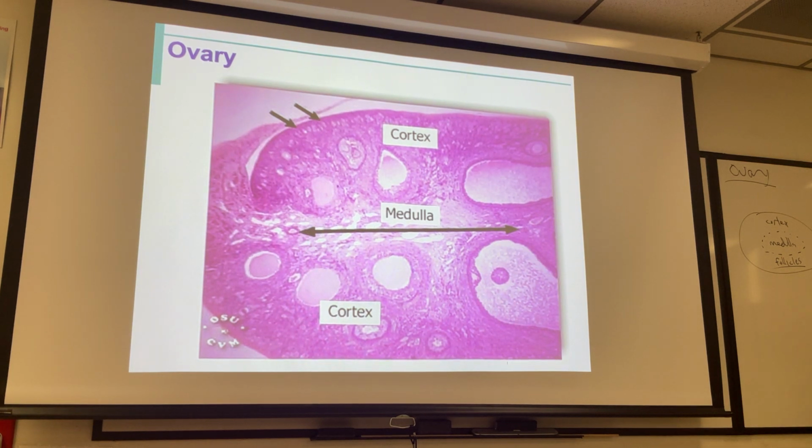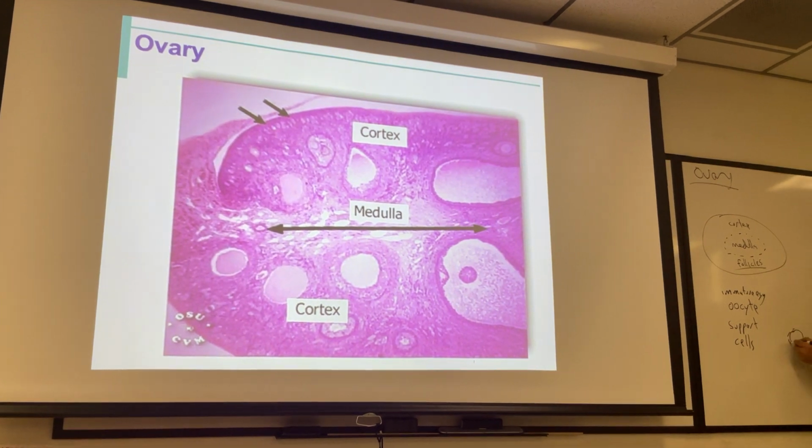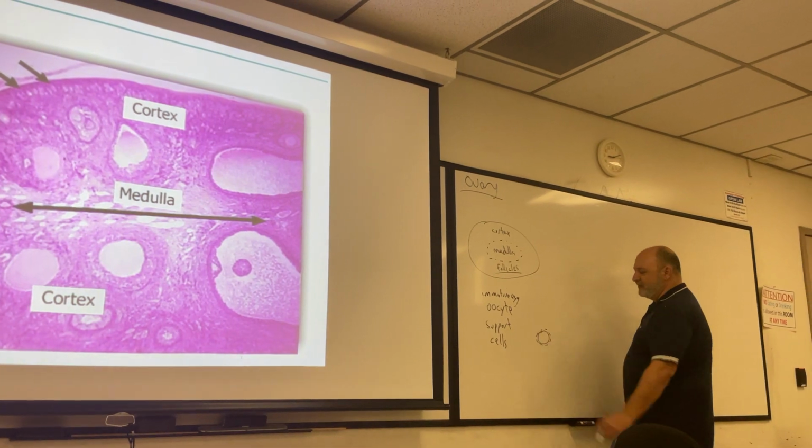Follicles are basically the immature egg, what we call an oocyte, and its support cells. So we have an immature egg, okay, and the cells that are around it and support it.